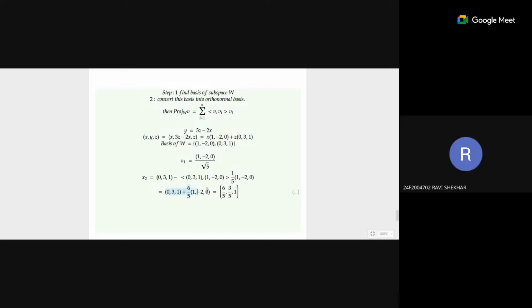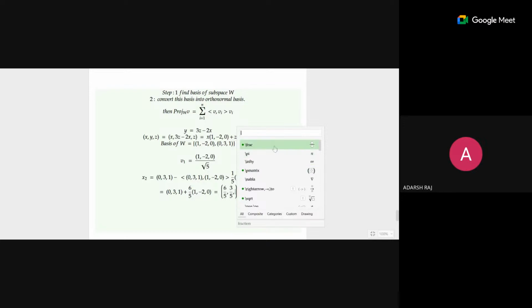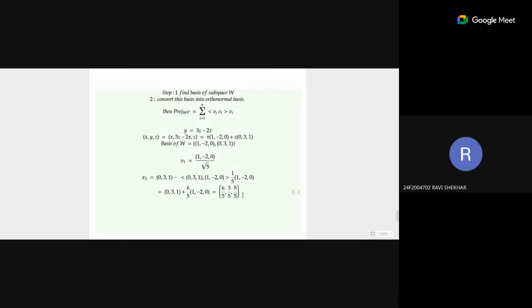For simplification, can I write this thing as 5 by 5? Now we have to normalize this vector x2.